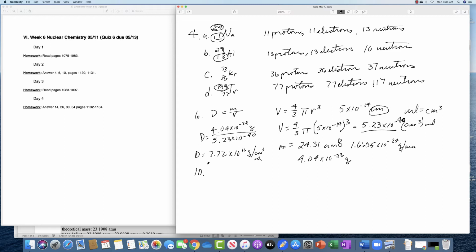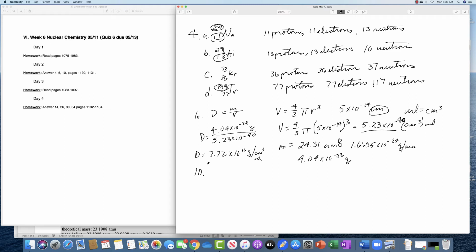So it has 18 protons, and if you subtract 18 from 40, you get 22. So you have 18 protons and 22 neutrons. And you'll find that that is within the band of stability. Matter of fact, it's close to the band of non-radioactivity. So argon 40 is within the band of stability.